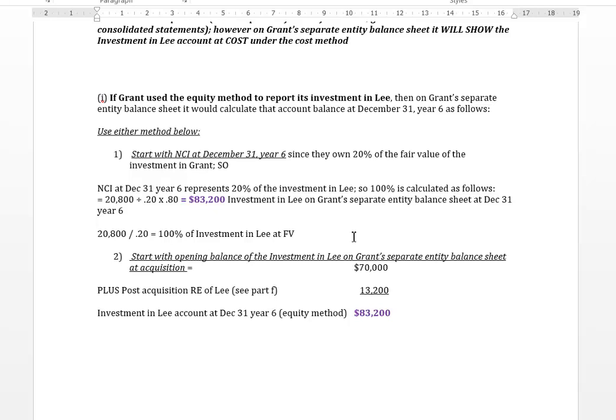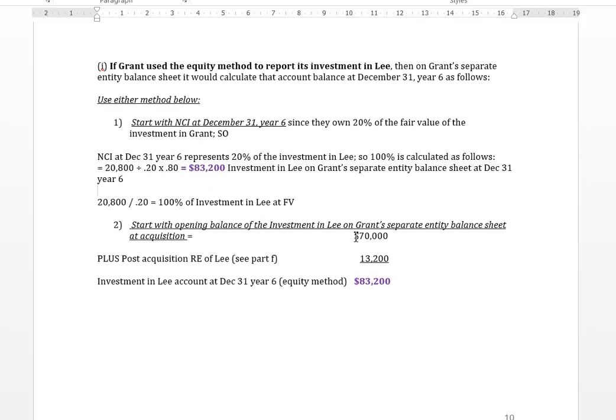The other way you can do it is to look at the opening value of the investment. That was the amount that Grant paid for the investment in Lee at the date they bought it, January 1, year 4. That was $70,000. But since that time, Lee has earned equity. We can see that there's been a change in its shareholders' equity from the date we became related in year 4 to the end of year 6.